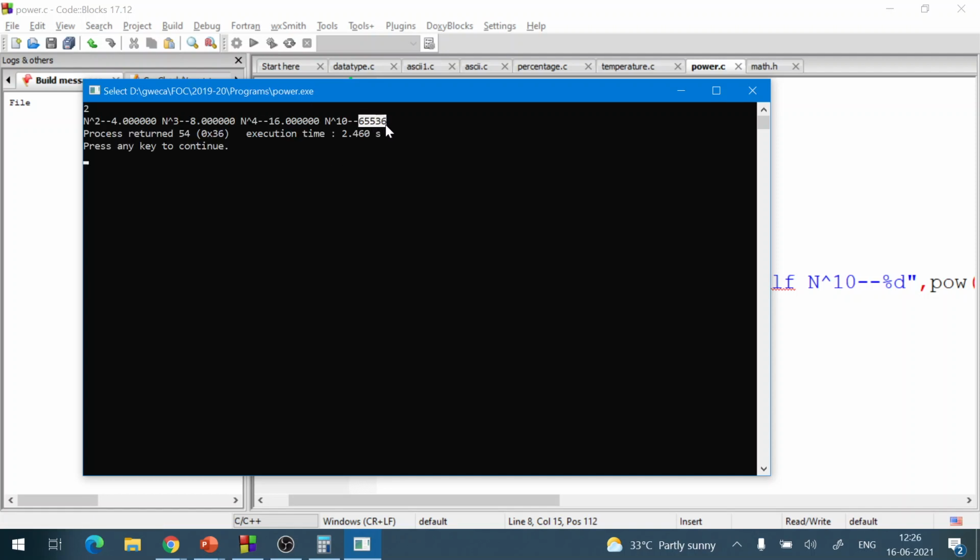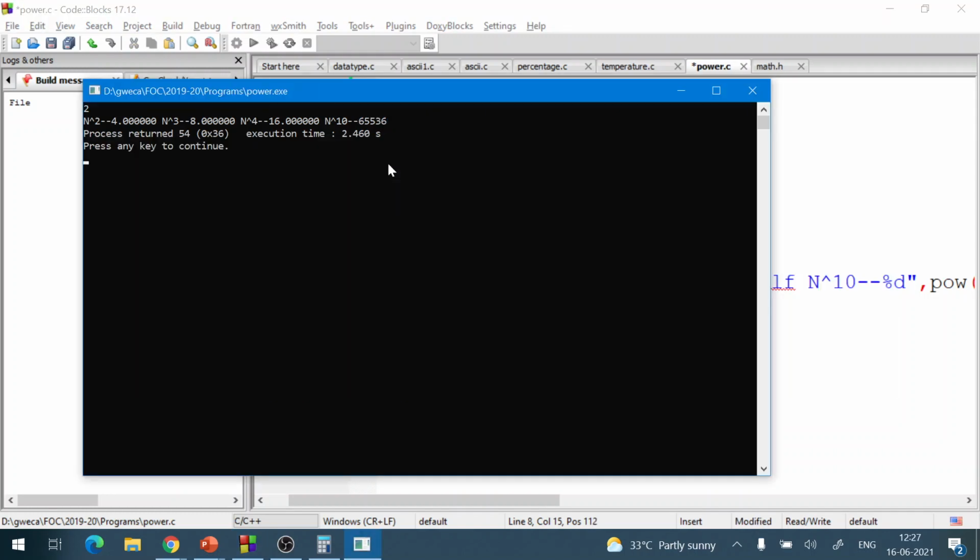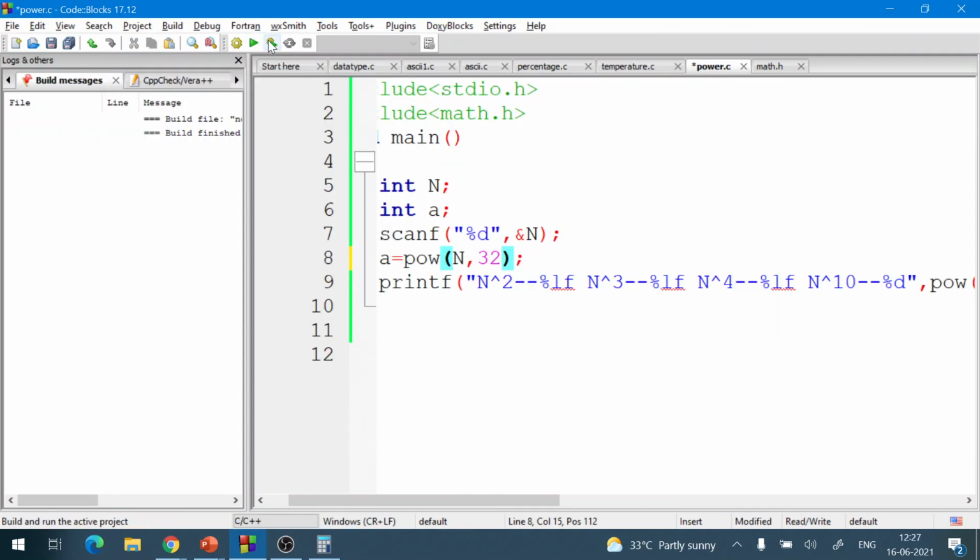From the textbooks we read that this is the limit of the number of integers, but that was for 2 byte integers. Now for GCC it is a 4 byte integer, and 4 bytes means 32 bits. That is why these many integers can be there.